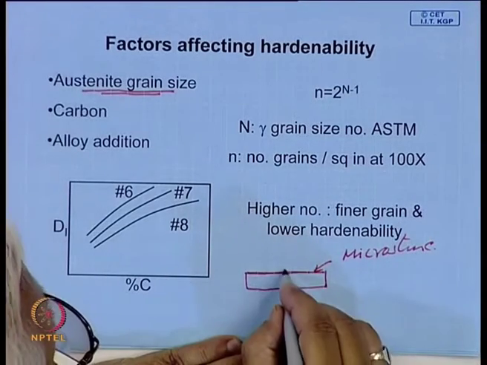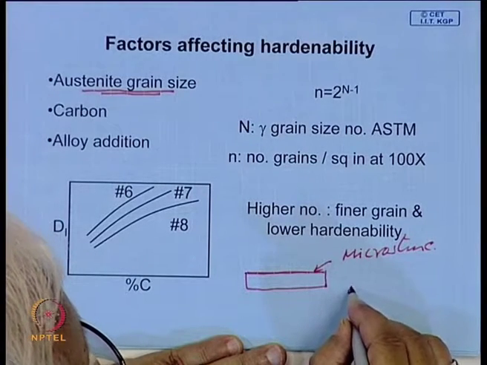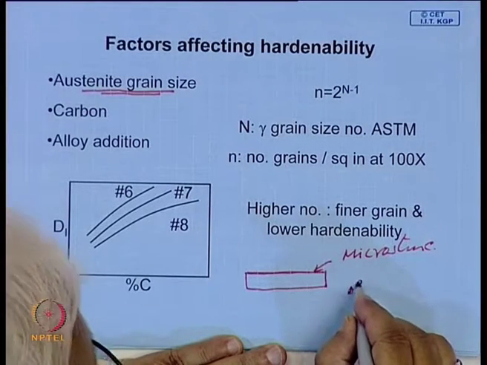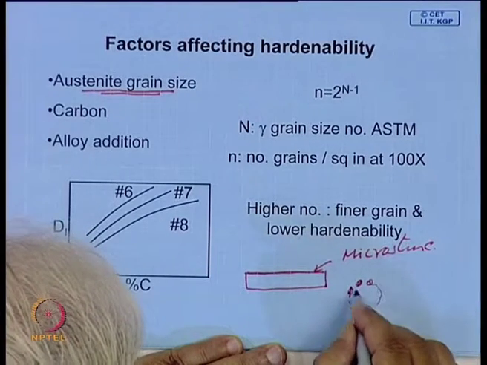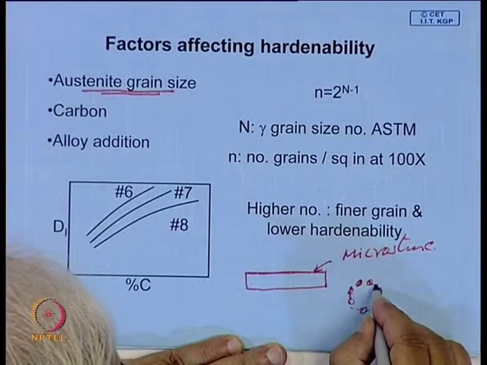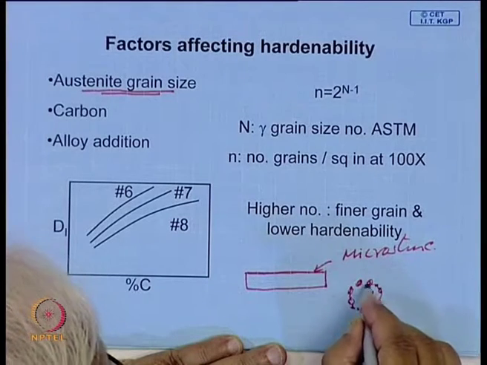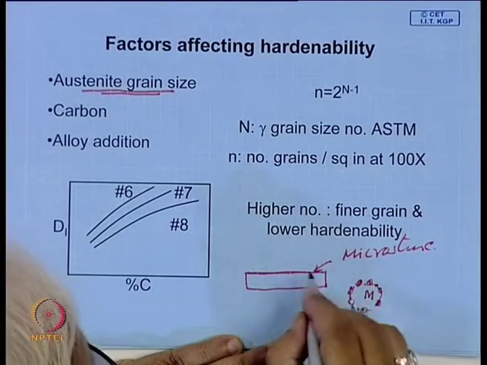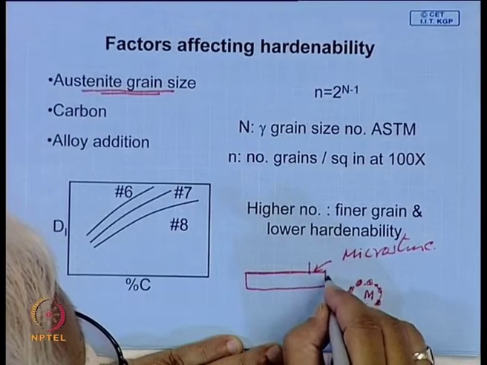If you look at that microstructure, in some places you will find these pearlite nodules existing around the prior austenite grain boundaries. So, here this portion is martensite. This will happen in the Jominy end quench, where this is the quench end.